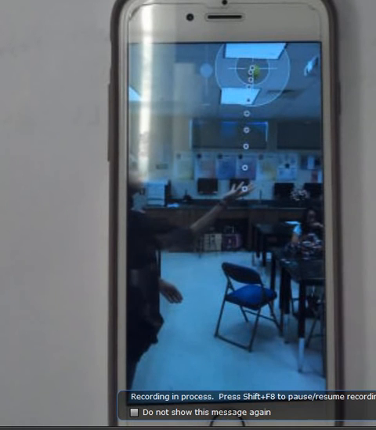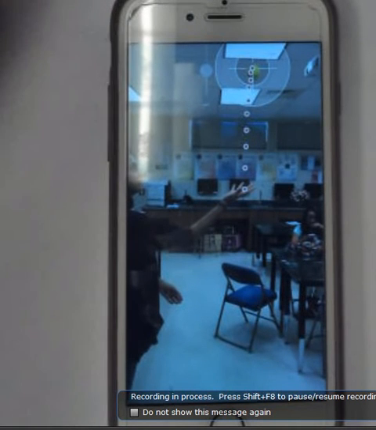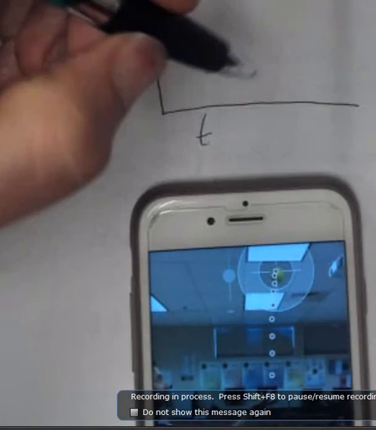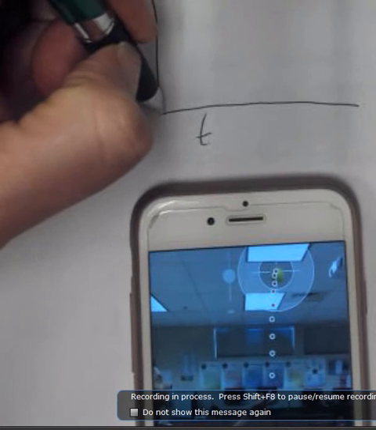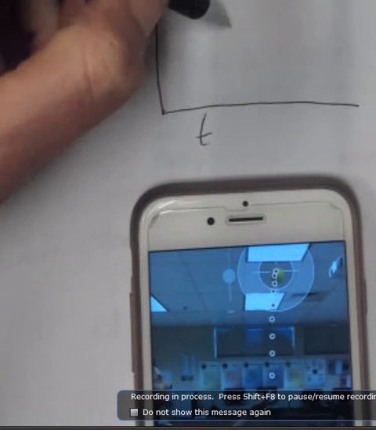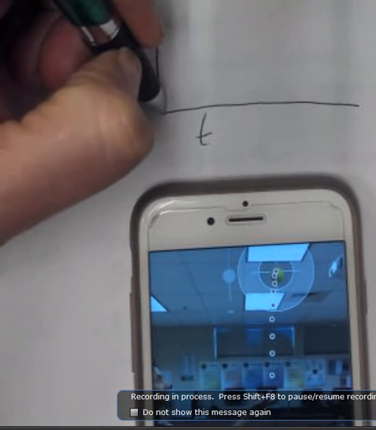So what does that sound like? As the ball left the origin, it was traveling up, but as it traveled up, it began to cover less and less position over time.